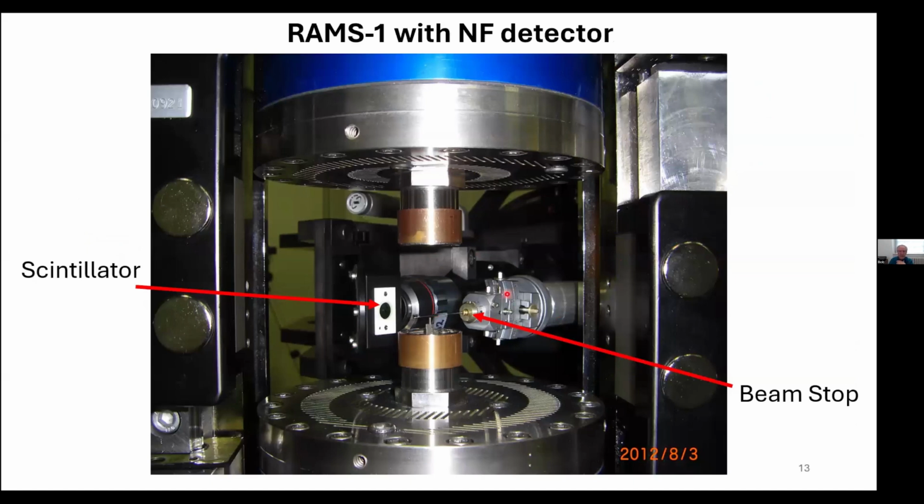So here's the business section of RAMS 1, I believe it is. These are the grips, and there's no sample in it right now, but you can see here the beam block sticking in on a little goniometer from the side.